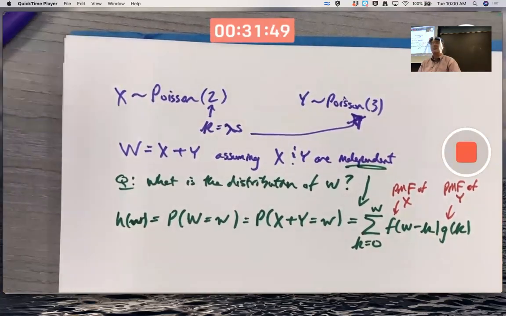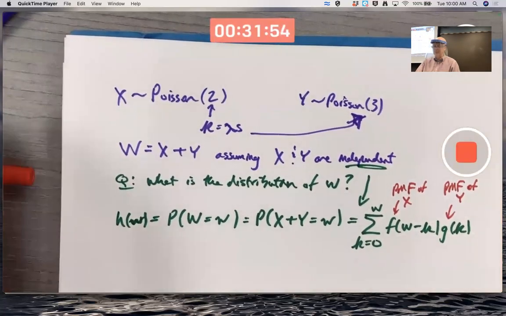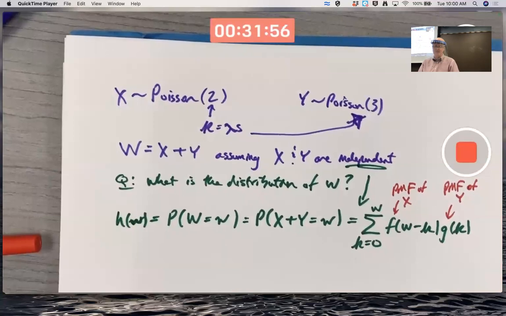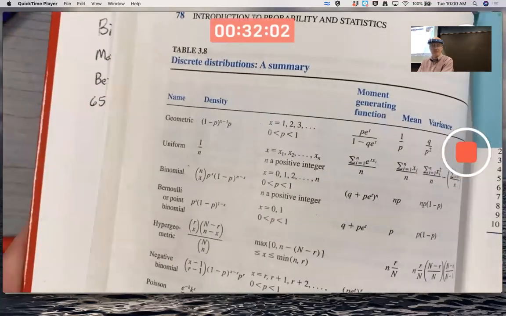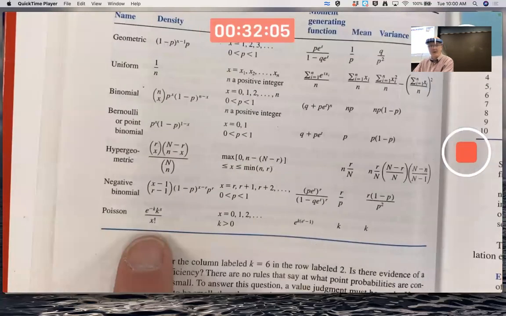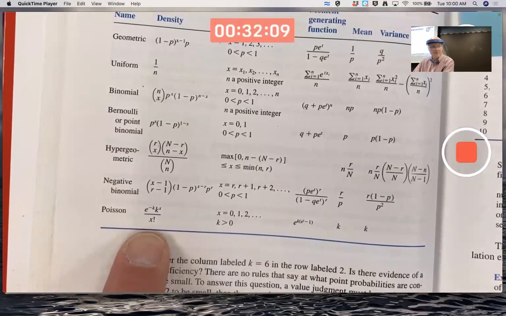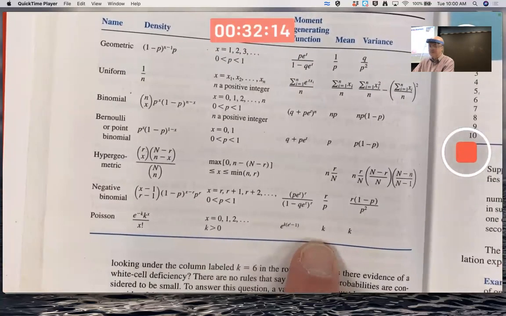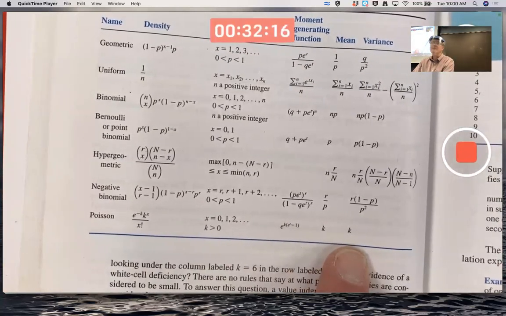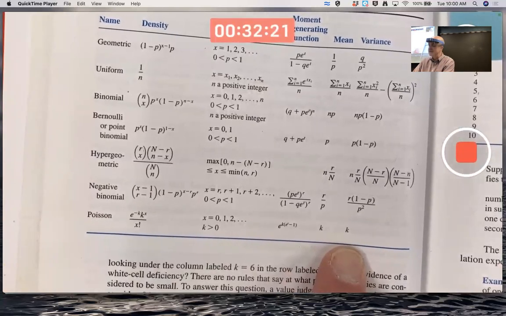Okay, so I guess I need to remind myself of the PMF of a Poisson random variable. You can look in the chapter 3 table for that. Right there. e to the negative k times k to the x over x factorial, where k is the mean. It's also the variance. That's not a typical property for the variance and the mean to be equal, but it is for Poissons.